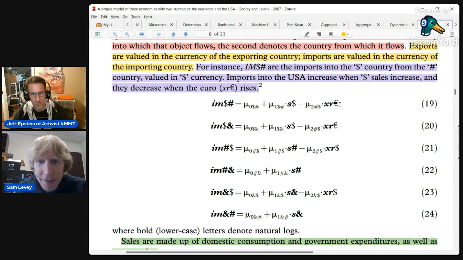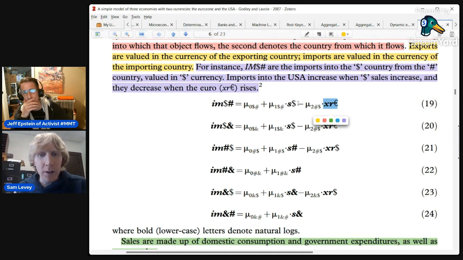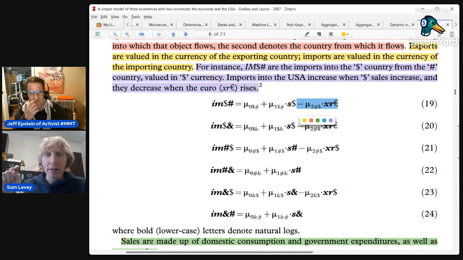But I think, if I'm not mistaken, it is the euro exchange rate, but from the other point of view. So what I read this equation as saying is if the euro gets weaker, then people in the US want to import more. The other way you could say that would be if the dollar gets stronger, then people in the US want to import more.